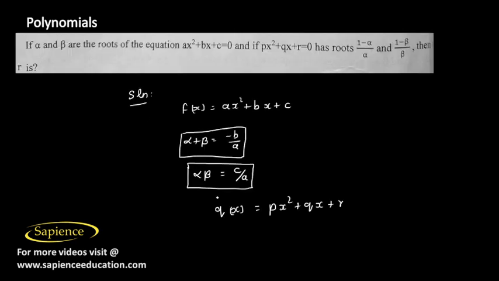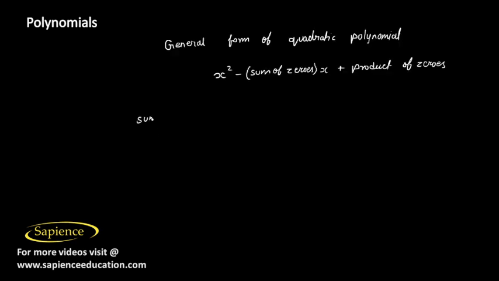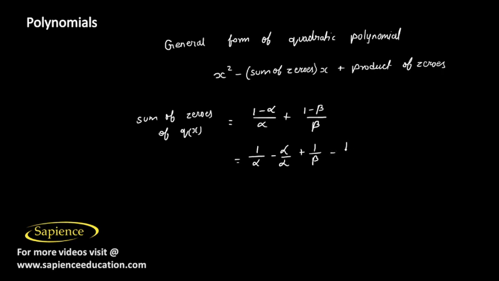So the sum of the zeros of q(x) will be (1 − alpha)/alpha + (1 − beta)/beta, and we can write this as 1/alpha − alpha/alpha + 1/beta − beta/beta. That is 1/alpha plus 1/beta, minus alpha/alpha, which is 1, and beta/beta, which is also 1.